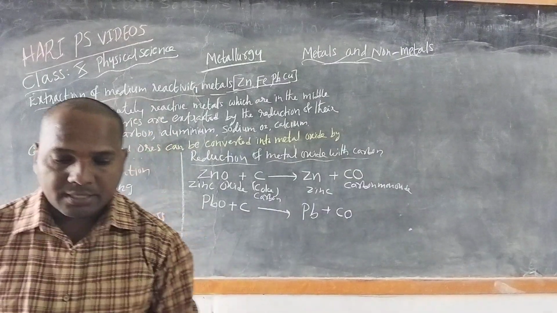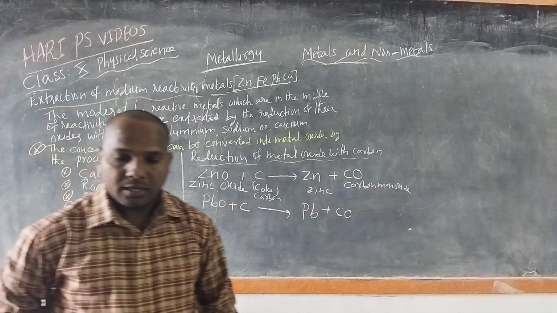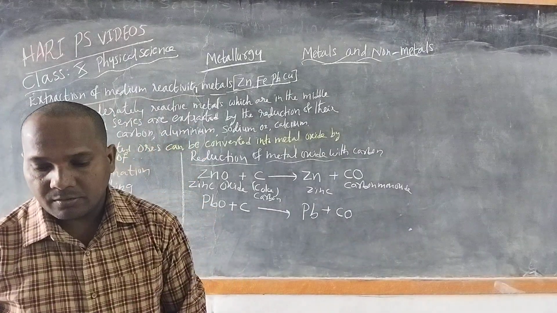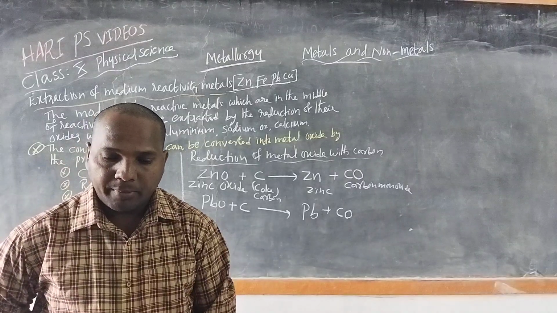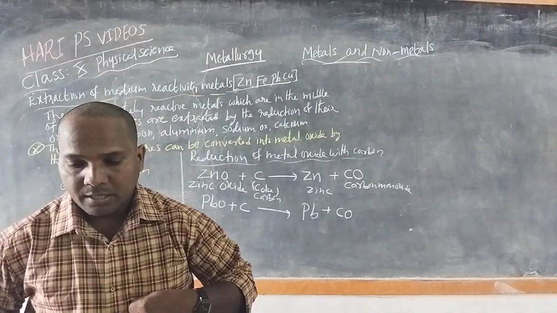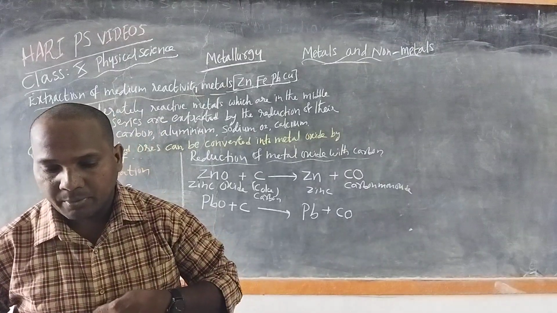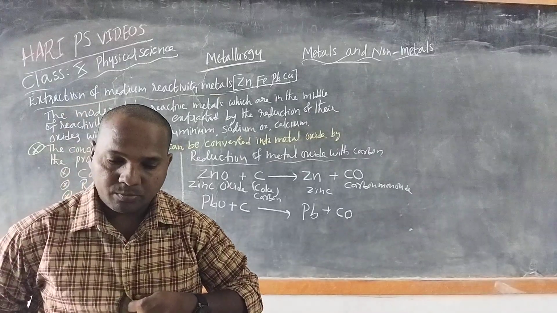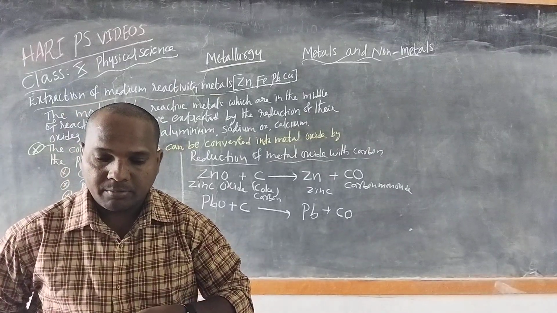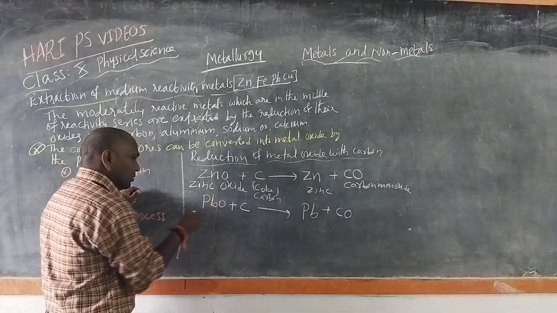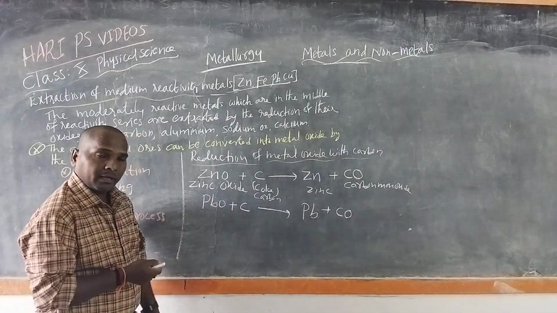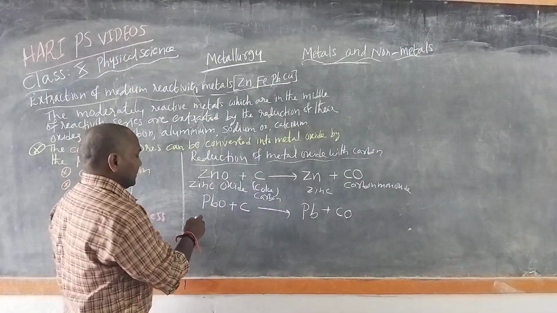Then iron metal is extracted from its oxide, hematite, by reduction with carbon in the form of coke. Tin and lead metals are also extracted by the reduction of their oxides with carbon. Even though it is less reactive, copper is extracted by the reduction of its oxide with carbon.